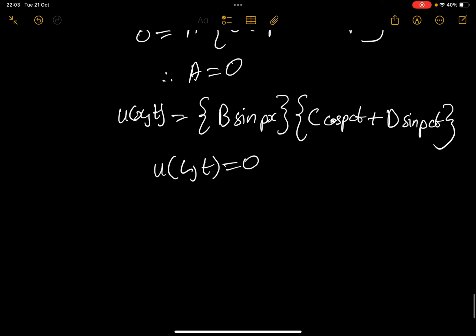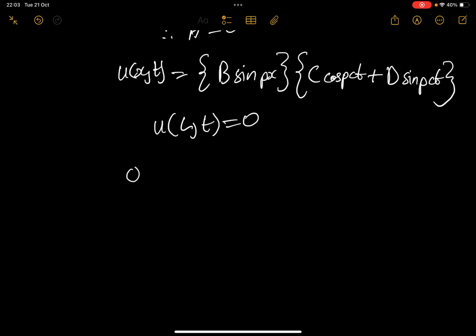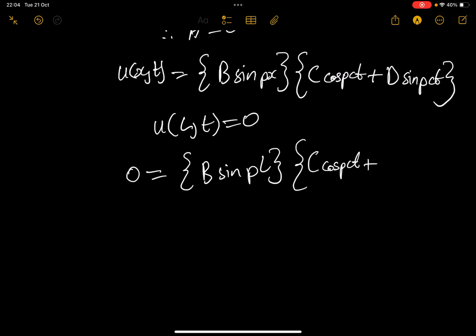So again here we are going to have 0 is equal to b sine, where there's x we substitute L, times c cos pct plus d sine pct.